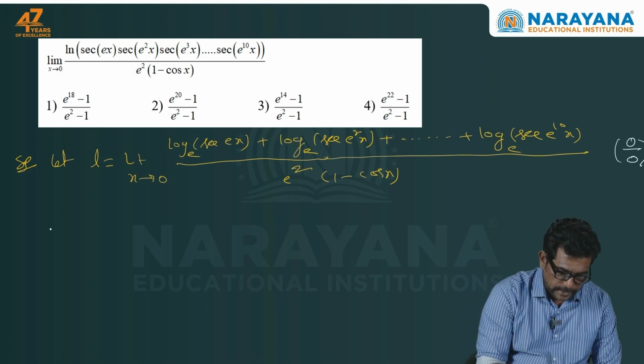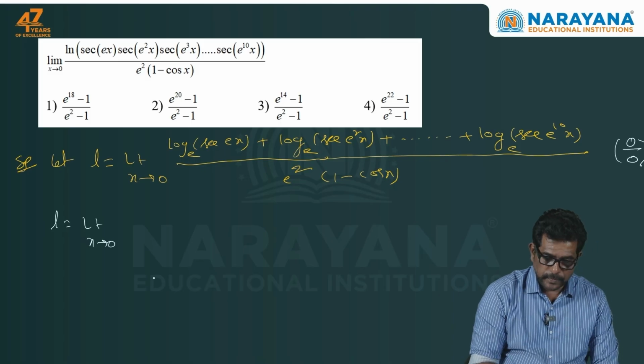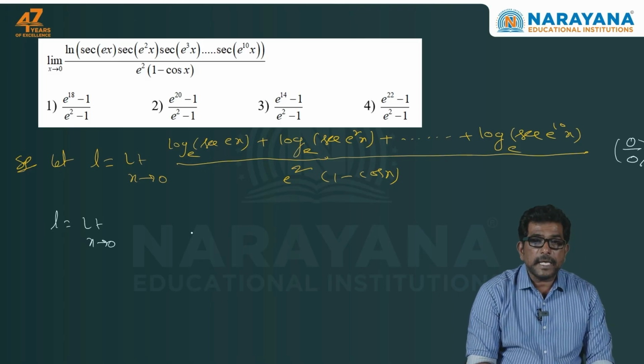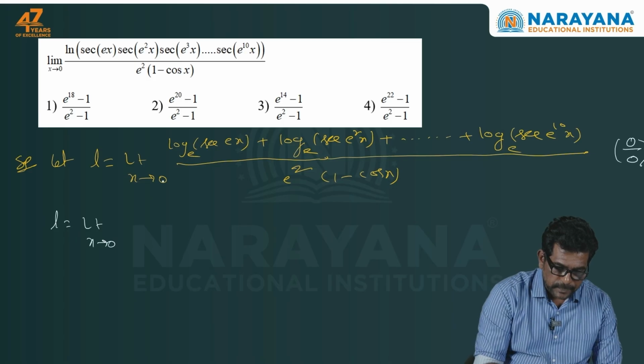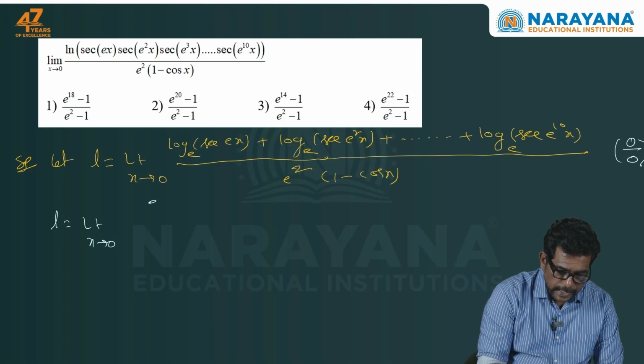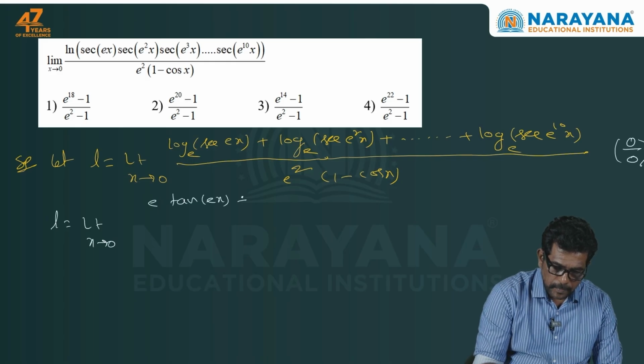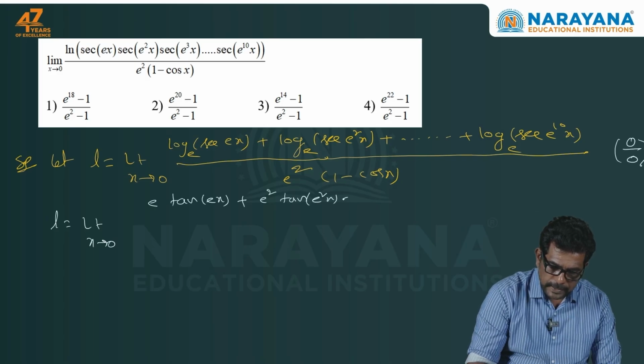So, when it takes the 0 by 0 form, we apply the L'Hopital rule. That is, L is equal to, applying the L'Hopital rule, limit x tends to 0. Now, d by dx of log of secant x becomes, as we know, e times tan ex plus e square times tan e square x plus so on, by e square into sin x.